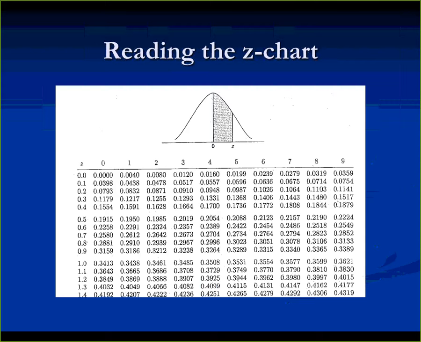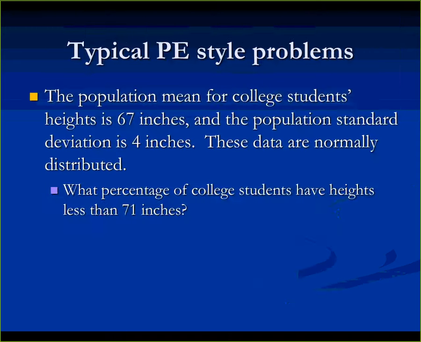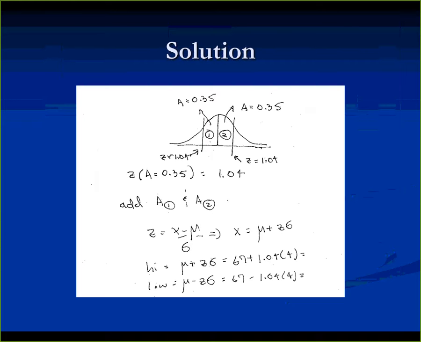The next value to the right is 0.3508, which is even closer to 0.35 than 0.3485. So you're going to read that 0.3508 area under the distribution corresponds to a z value of 1.04. So my z value is 1.04.